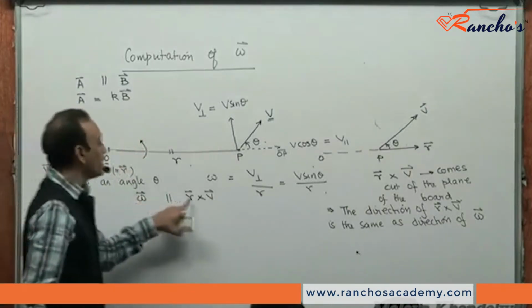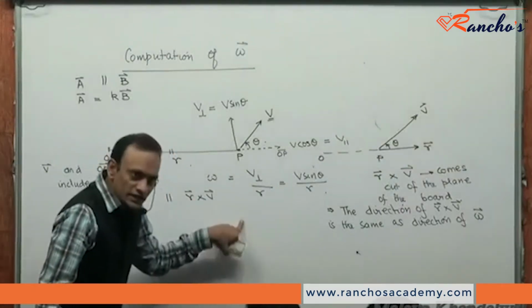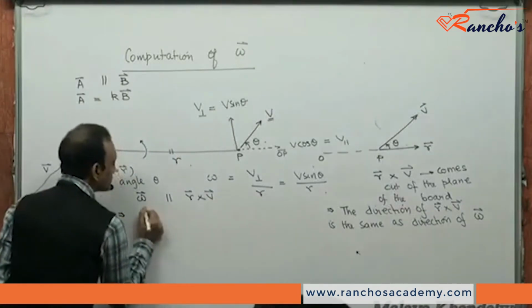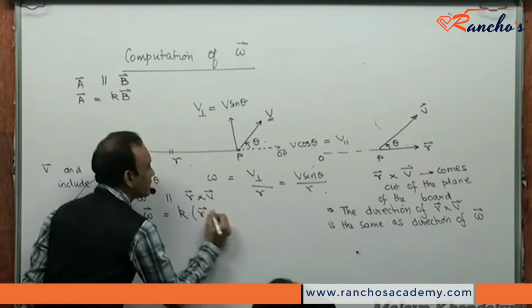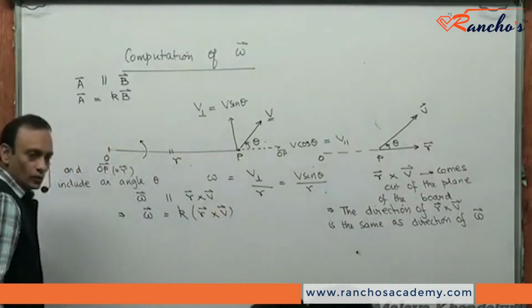Then omega must be a scalar K times R cross V, where K is a positive scalar. Yes or no?